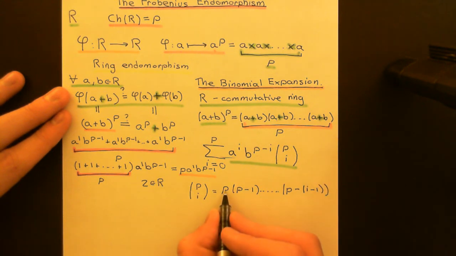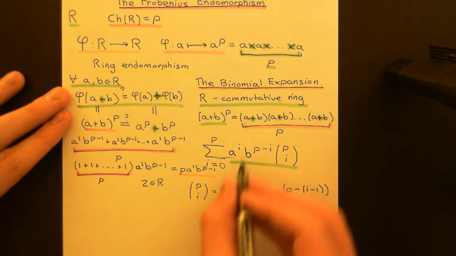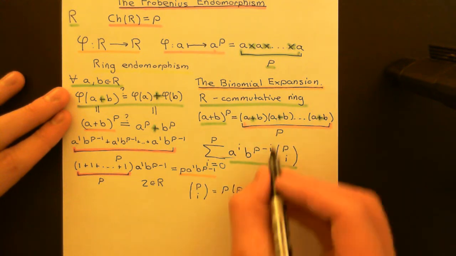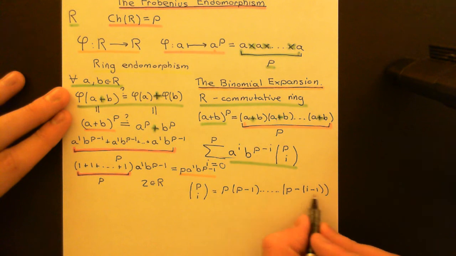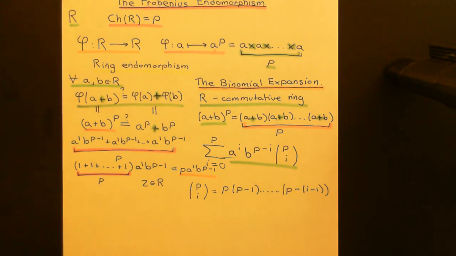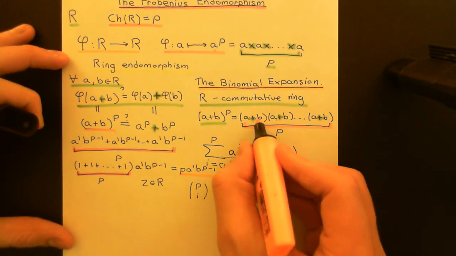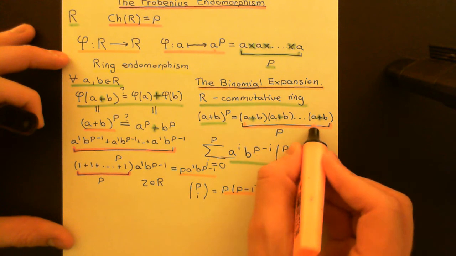If you follow the pattern, for the first one it's p different brackets that you can choose it from. The second one it's p minus 1 different brackets. Following the pattern, for the ith one it's going to be p minus (i minus 1) different brackets that you can choose it from. But that isn't actually the number of different ways there are of choosing i a's from these brackets.